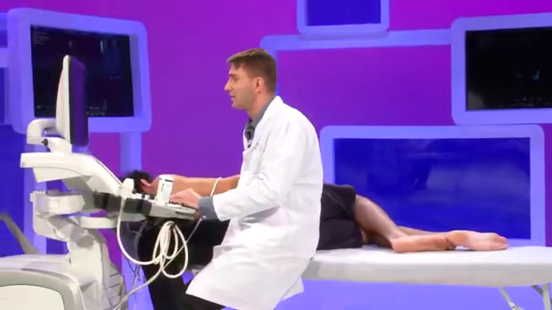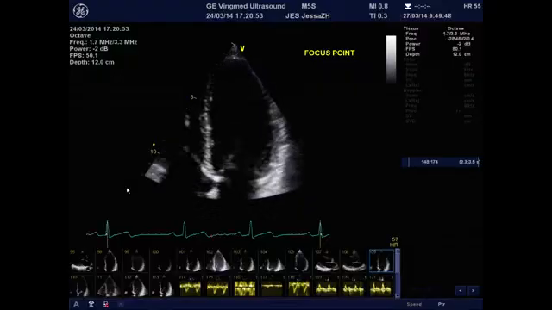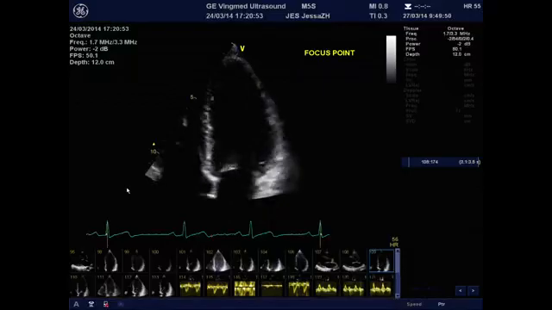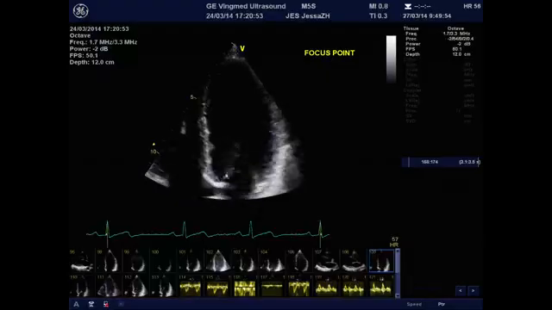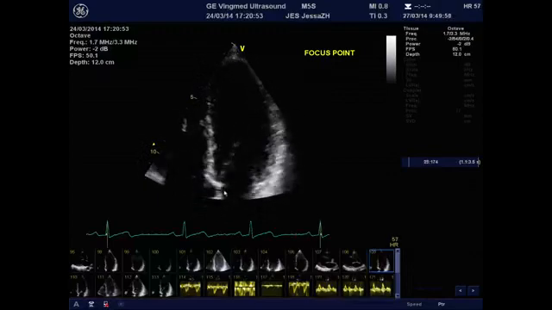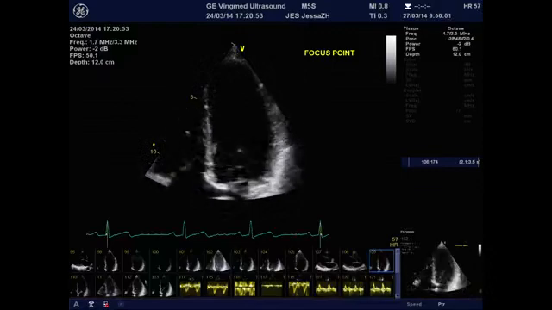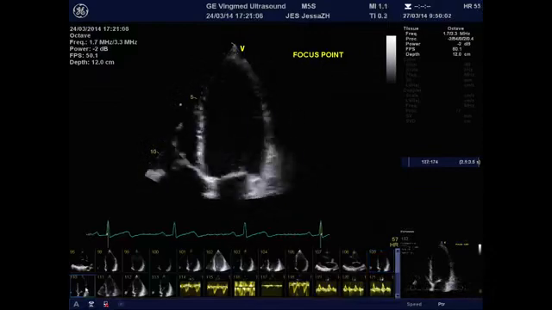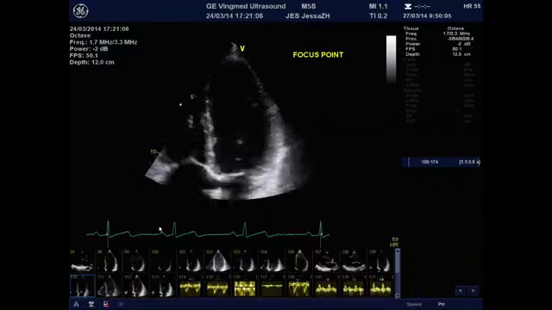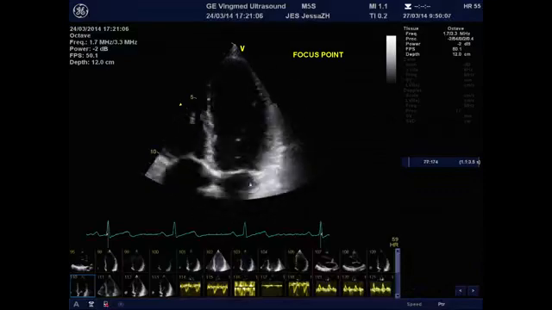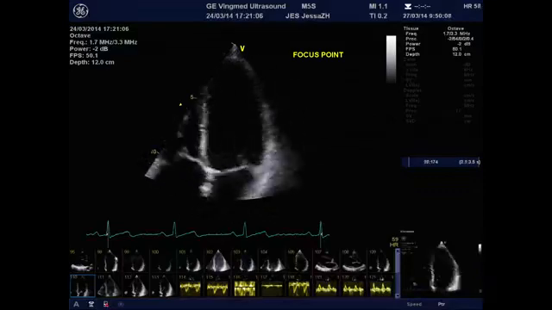The next step is the focus point. An ultrasound field is constructed like this, that your focus point is best at the deepest structure of interest. So usually at the bottom of your echo image. If you go higher, you can focus on different parts of the heart, but the trade-off is that you will lose a lot of focus in the lower parts.